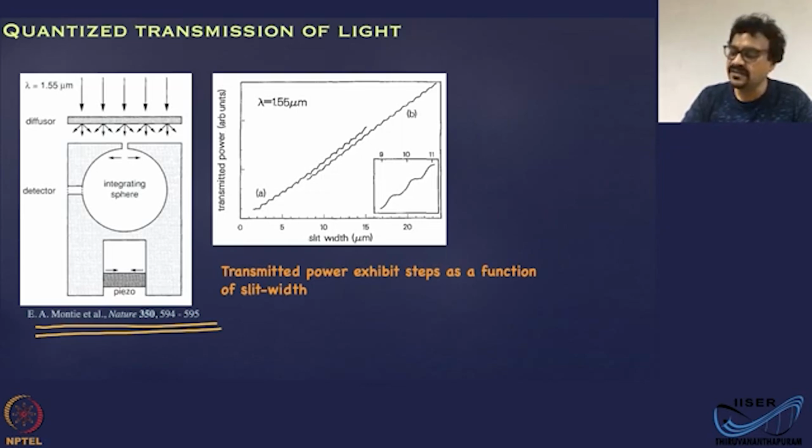So this quantized behavior of transmission of light or transport of electrons basically depends only on the wave nature of the electron and the quantization condition in the constriction. And this is the beauty of the quantum behavior of electrons or photons.